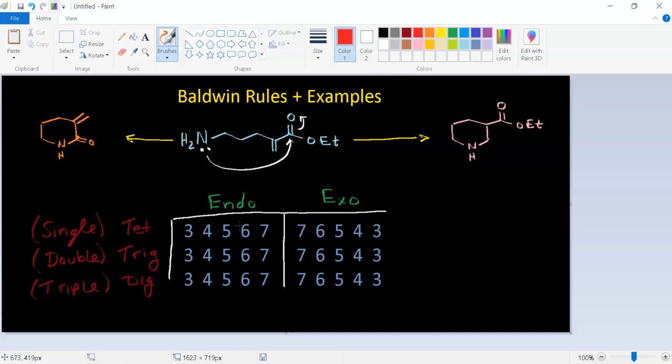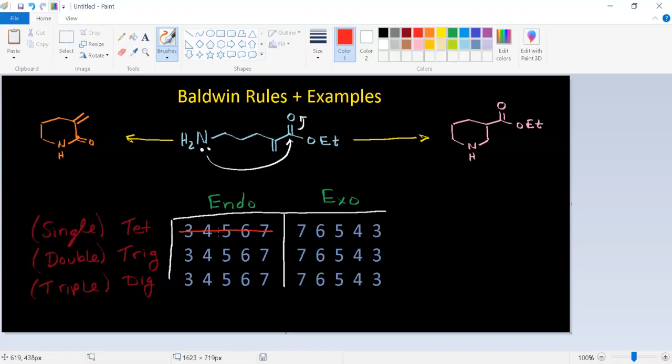Anyways, Baldwin has more to offer in this little chart that we're making right here. He says that if you're dealing with anything that's tet, so again, single bonds, and you're trying to do something that is endo, well, good luck, because he says 3 through 7, so cyclization that requires 3 through 7 atoms, is going to be very slow and hard to do.